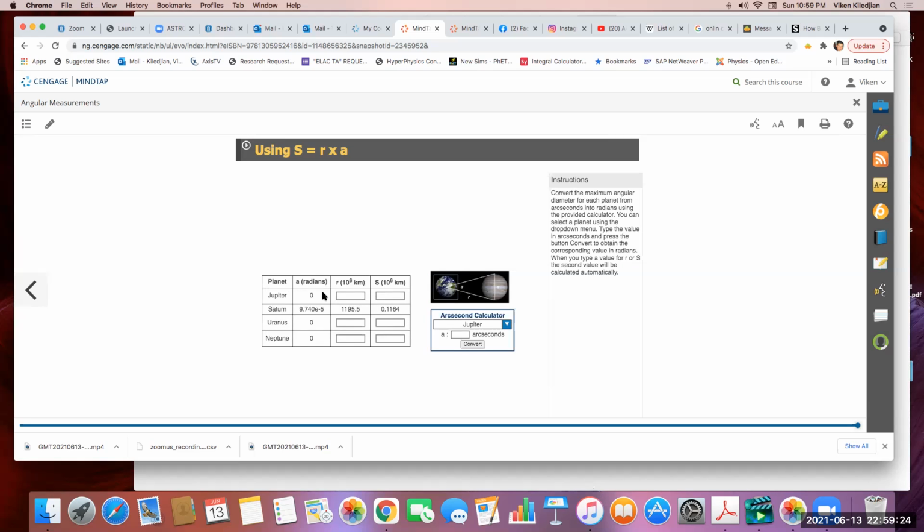Let's say, for Jupiter, convert the maximum angular diameter.